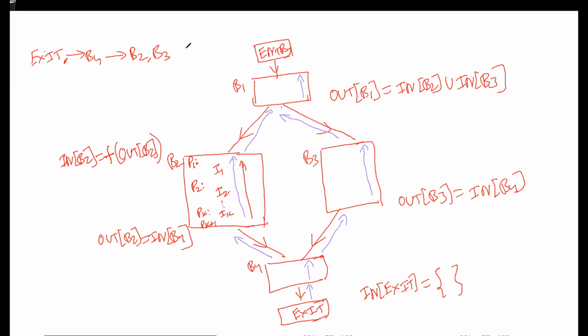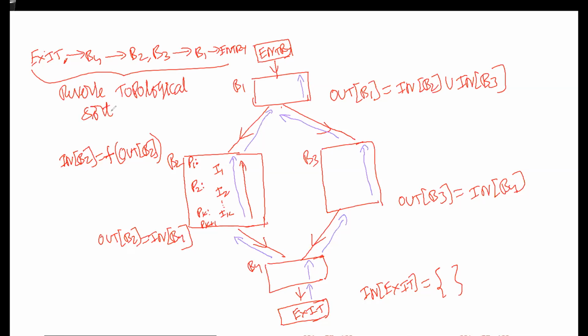And then after that, we compute the live variable set for B1. And then after that, we get the live variable information for the entry basic block. So this is reverse topologically sorted order.